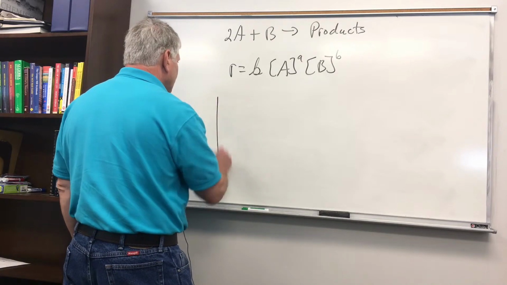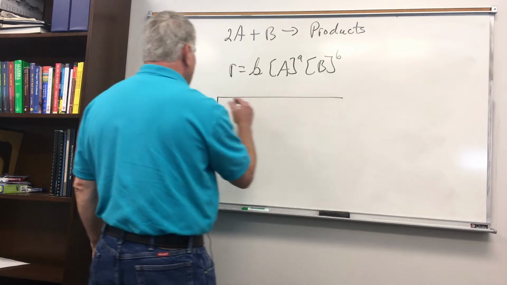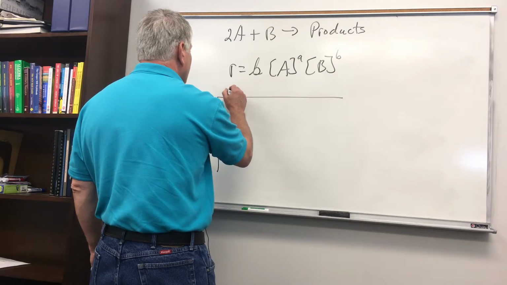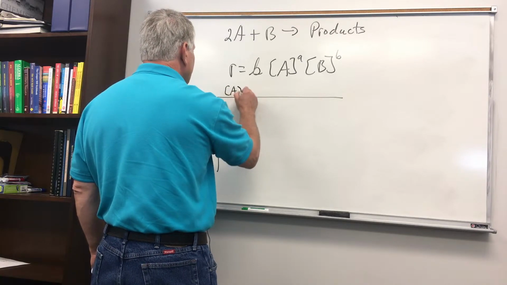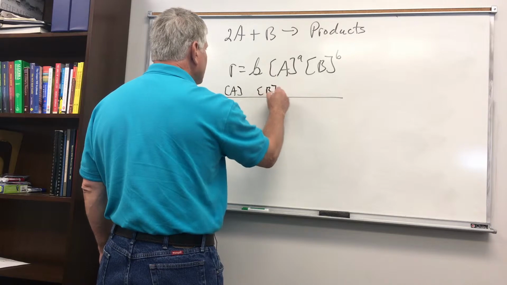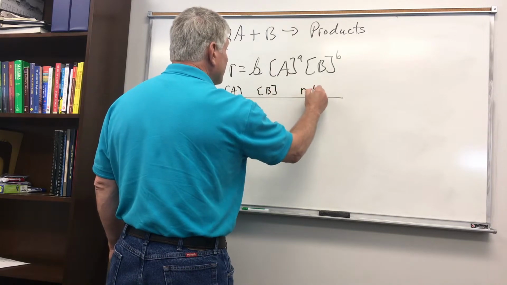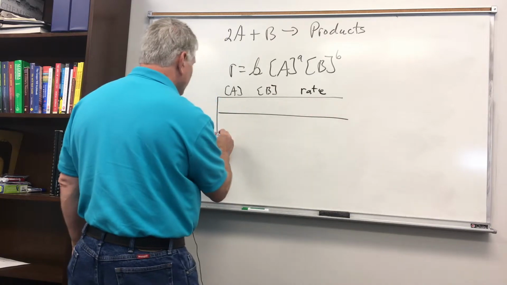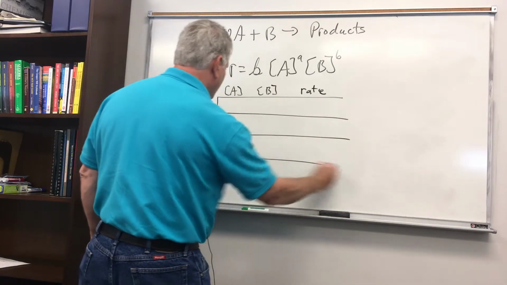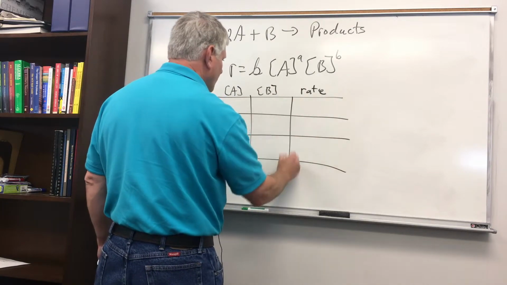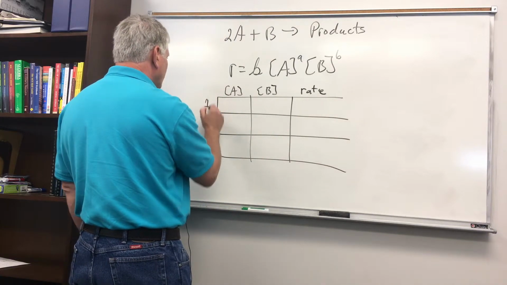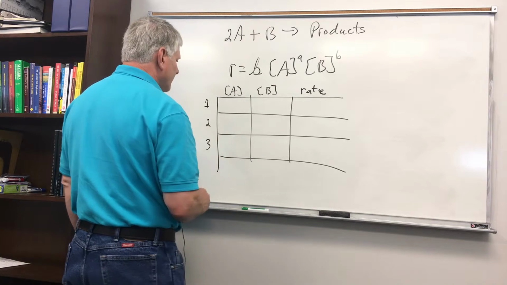Say we make a table and we have concentration of A, concentration of B, and the rate of the reaction. And so we do several experiments. Say this is experiment 1, 2, 3.